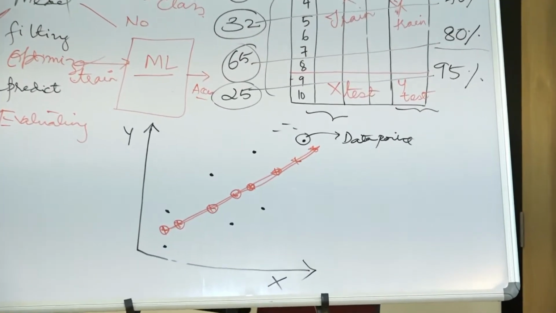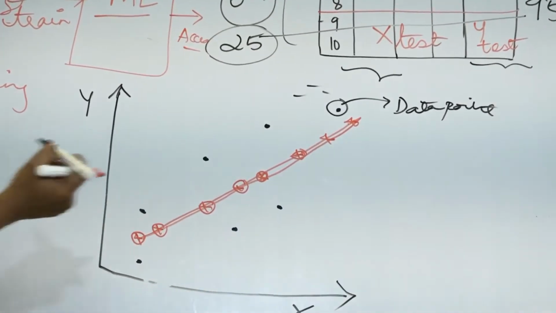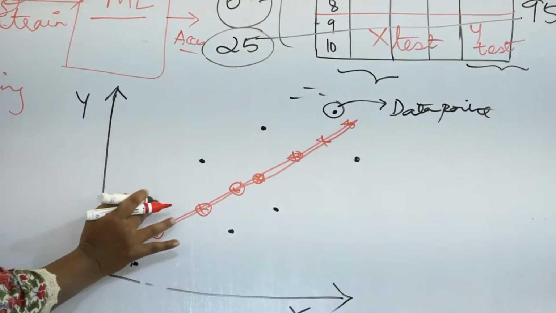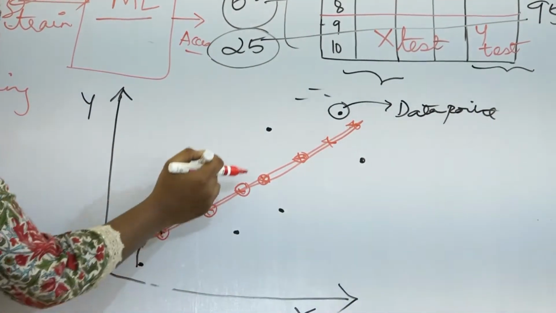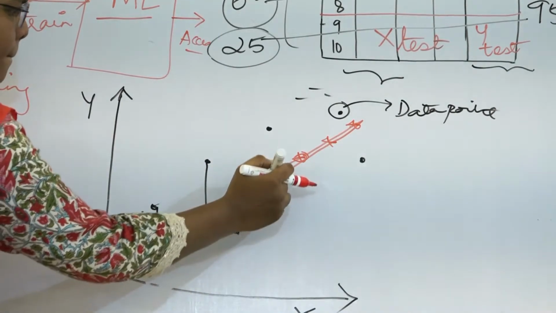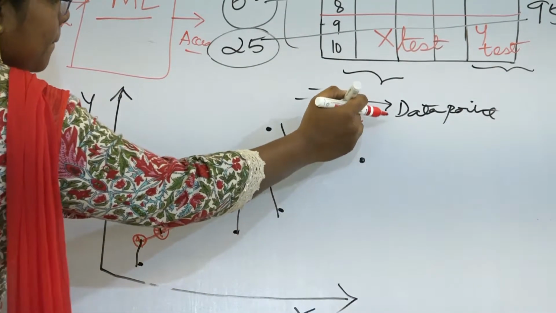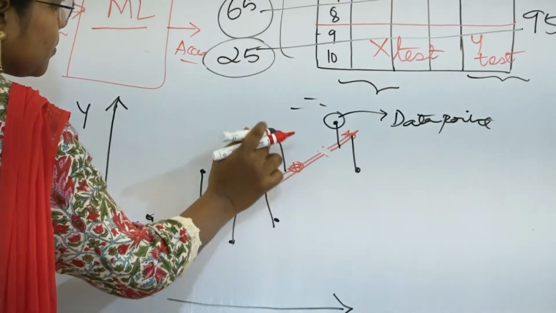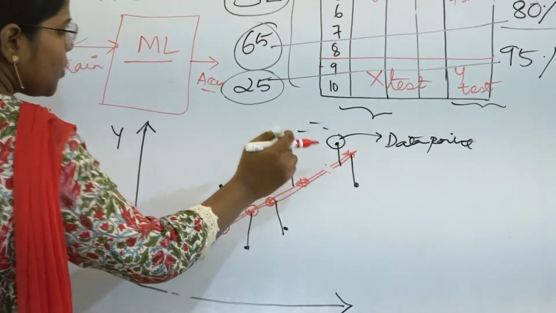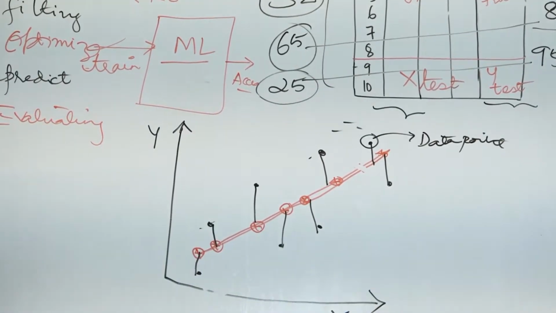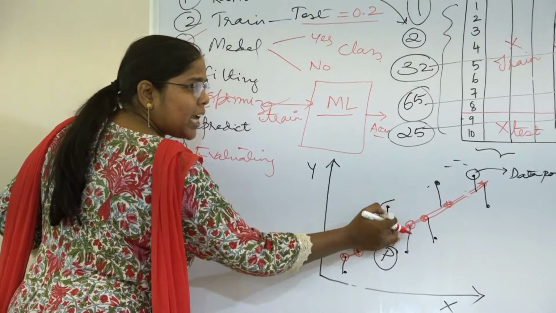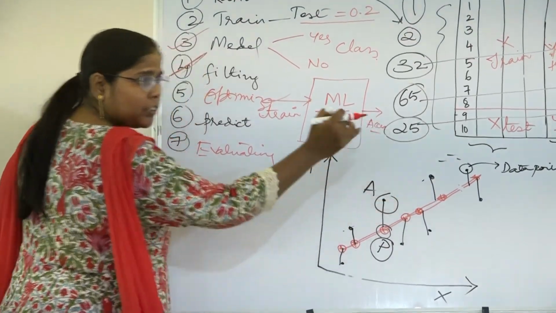These are all the predicted values such that we are calculating. These are the predicted ones, these are the actual ones.